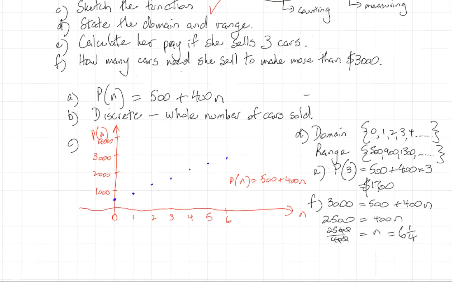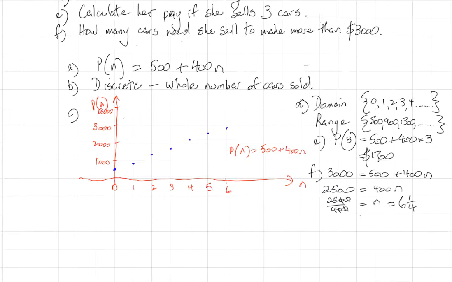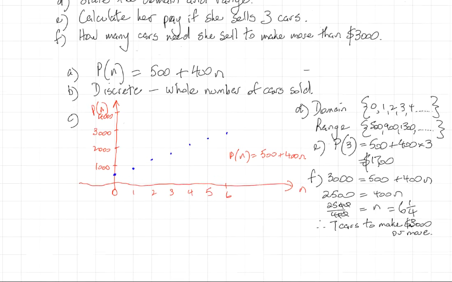So to make more than 3,000, therefore 7 cars to make 3,000 or more. Okay, so we've gone through and worked all the solutions to those questions.